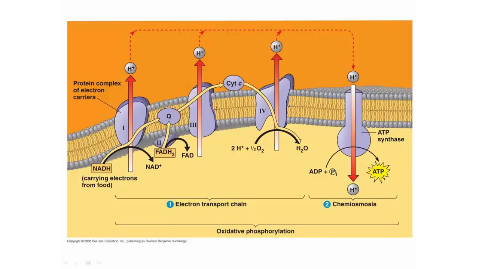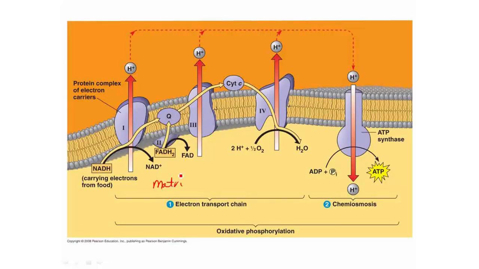As they pass those electrons in, they will become oxidized, which means that they can return to the electron transport chain and gather more electrons. As the electron transport chain passes the electrons along, hydrogen ions will be picked up from the matrix and they will be transported into the intermembrane space of the mitochondria.